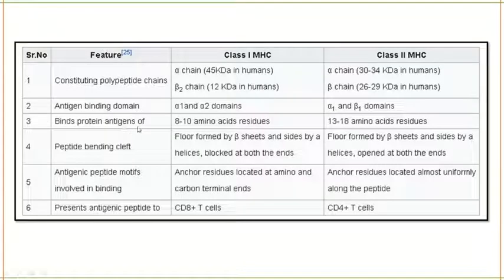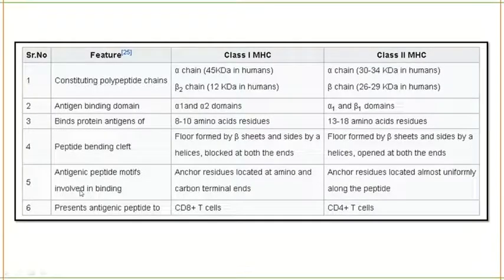The protein antigen length in MHC class 1 will be 8 to 10 amino acids, and in MHC 2 it will be 13 to 18 amino acids. Peptide binding cleft: floor formed by beta sheets and sides by alpha helices, blocked at both the ends in class 1, and here it will be open at both the ends.